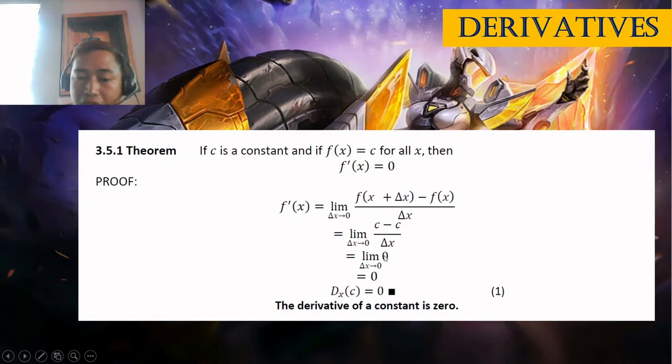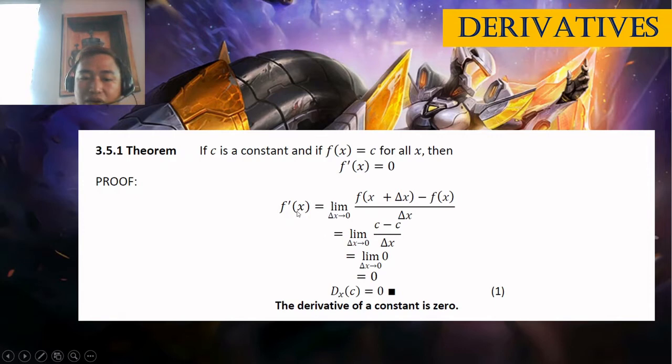The limit of 0 as delta x approaches 0 is 0, since the limit of a constant is that constant. Therefore, the derivative of c with respect to x is equal to 0.